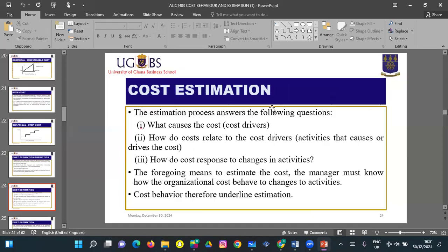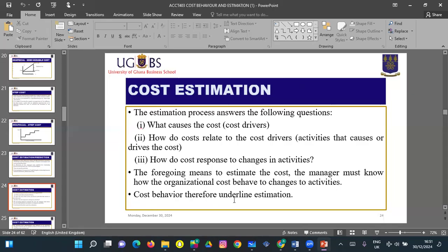So the estimation process answers the following questions. What causes the cost? How do costs relate to the cost drivers? How do costs respond to changes in activities? The foregoing means that to estimate the cost, the manager must know how the organizational costs behave to changes in activities.